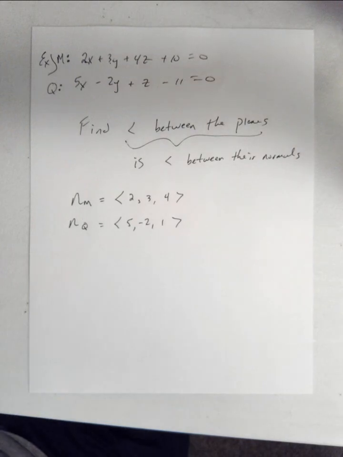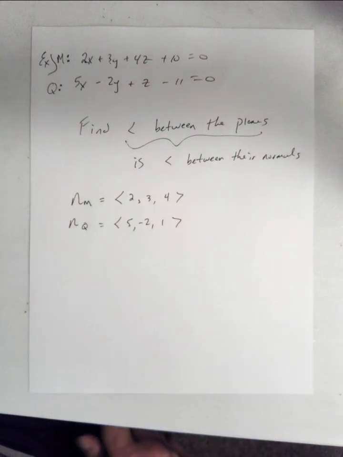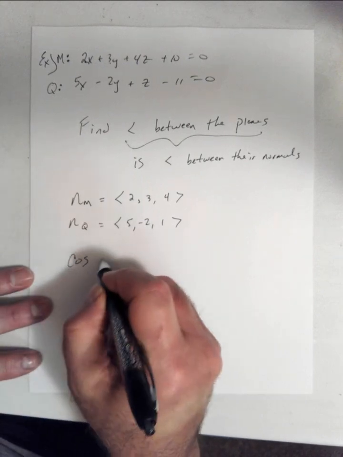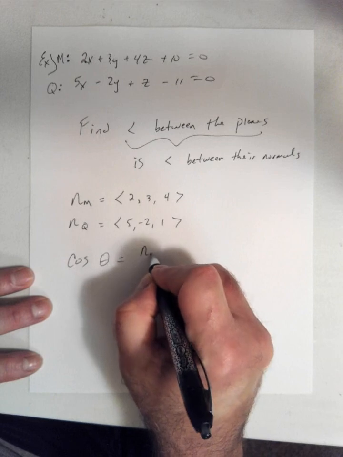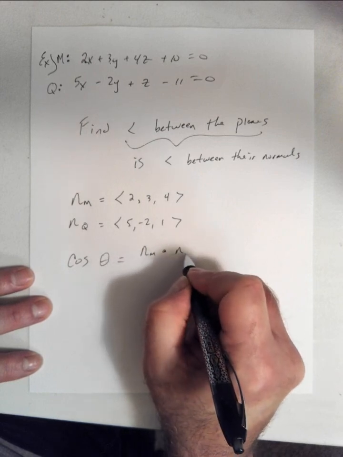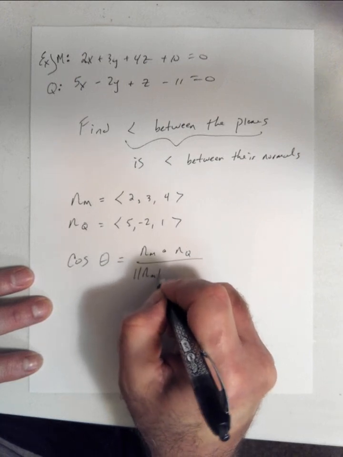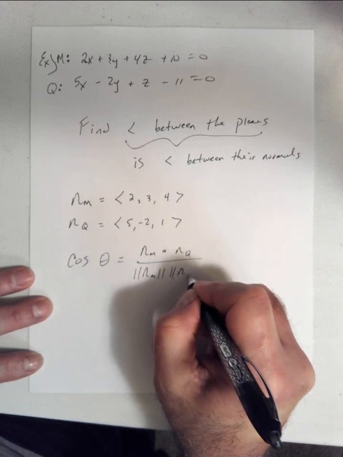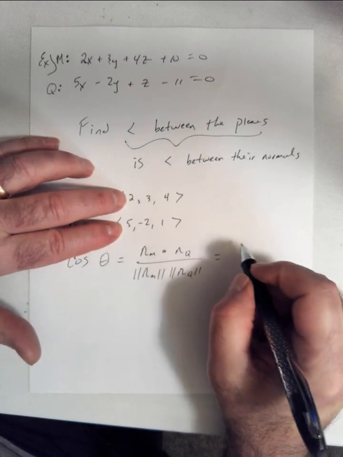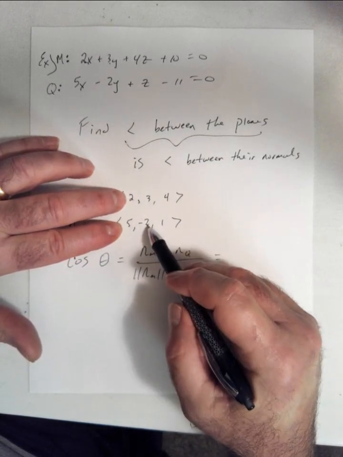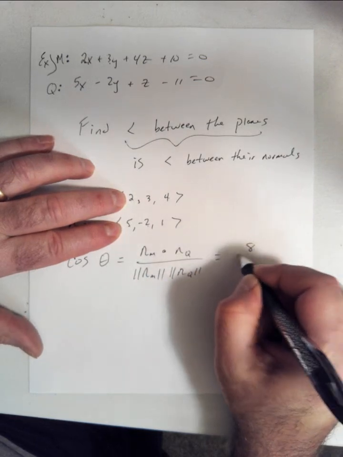So now we just have 2 vectors. How do we find the angle between 2 vectors? Cosine of theta, right? So it's the dot product of the two vectors over the product of their magnitudes. In this case, the dot product is 10 minus 6, which is 4, plus 4, which is 8.